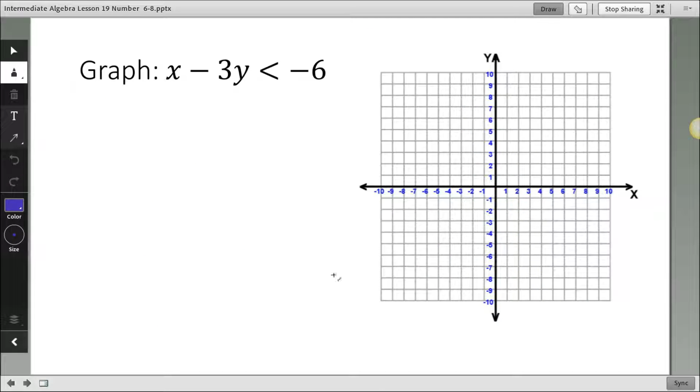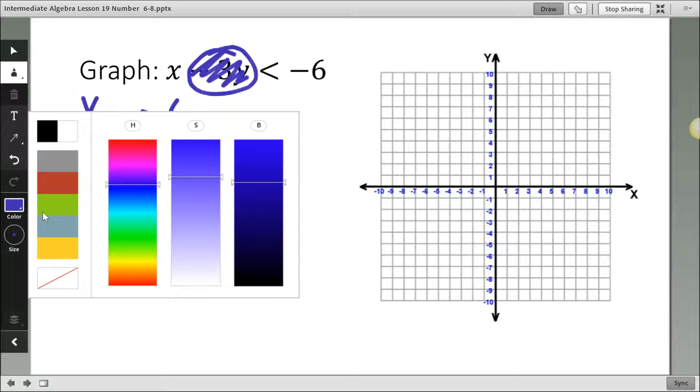Let's take a look at this next example. We're going to use the same technique here. So we're going to start off by ignoring that this exists. So we're going to forget about that for just a second. We're going to take the x, and I'm going to get a point of x equals -6 for my x-intercept.